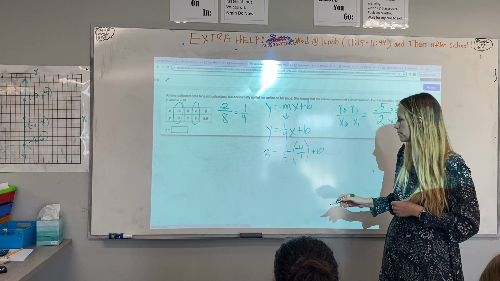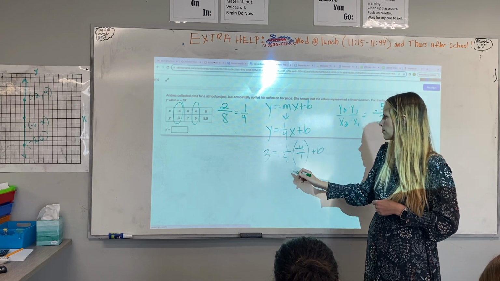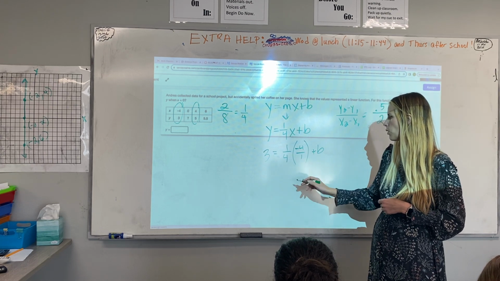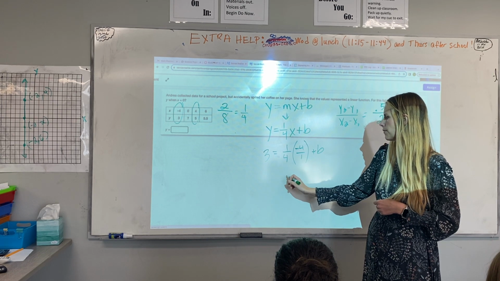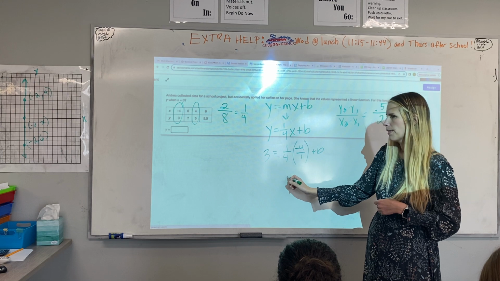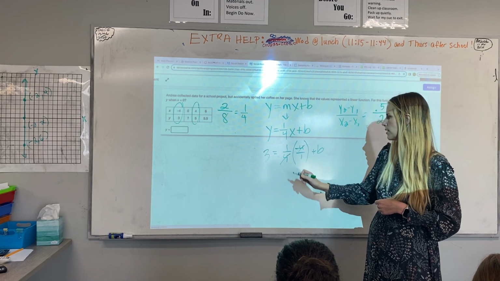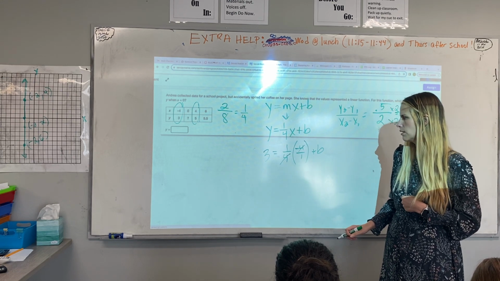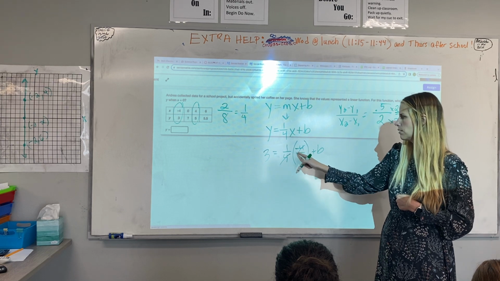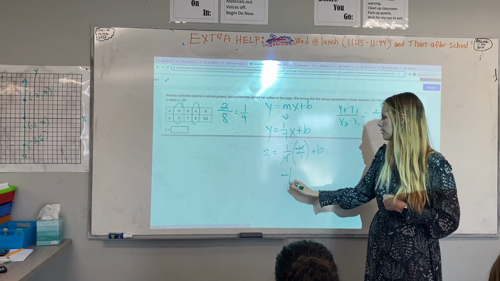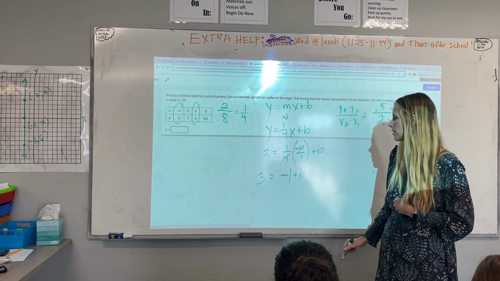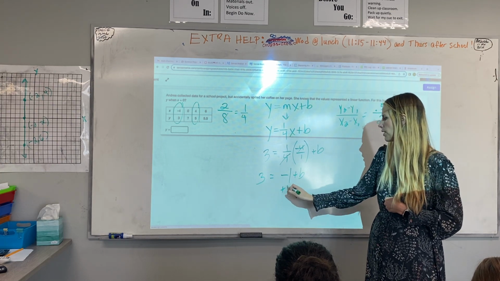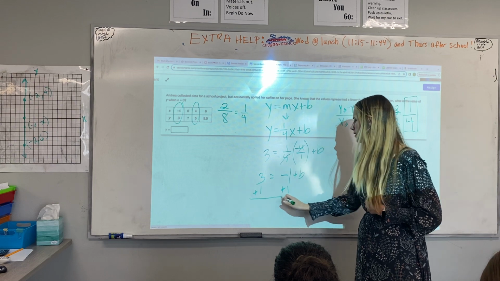Then you have to multiply them. 1 over 4 times negative 4 over 1 is what? Cancel out your 4s, and now what am I left with? 1 over 1, so 1. Negative 1 plus b equals 3. And then plus 1, plus 1, and then b equals 4.